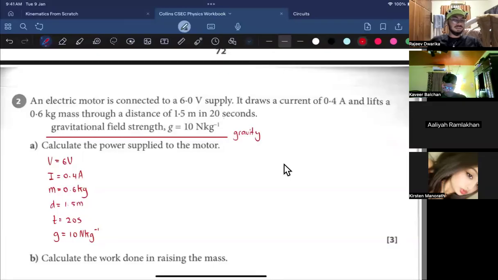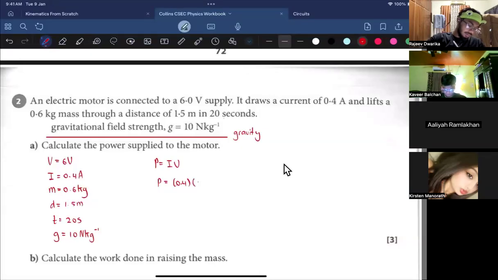Are there any formulas we know for power? Look at the variables we have and tell me if you have any formulas you could use. P is equal to IV. Do we have I and V? Okay, what is I? I is 0.4.